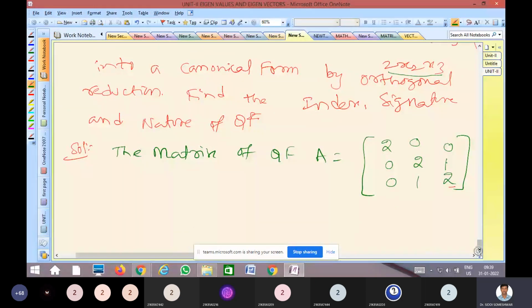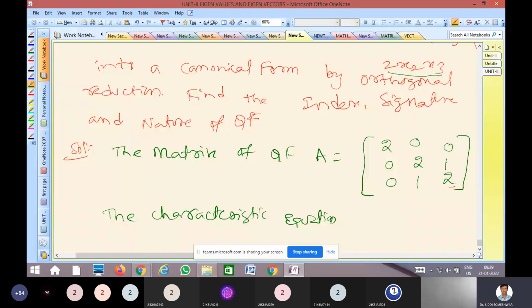Now you need to find the characteristic equation to find the eigenvalues. The characteristic equation of A is A minus lambda I equal to 0.